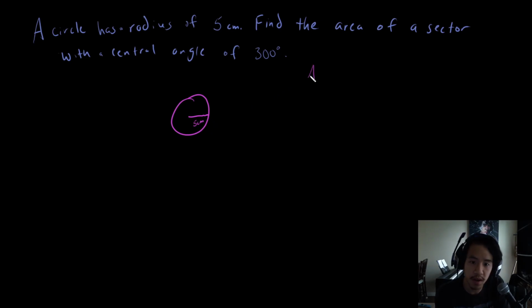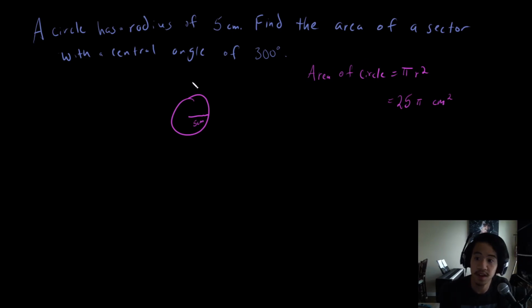Remember, the area of a circle is equal to pi r squared. So we just have to plug in the radius here, and we'll get, in our case, 5 squared, which is 25 pi. And yes, you'll have units, it's just centimeters squared.